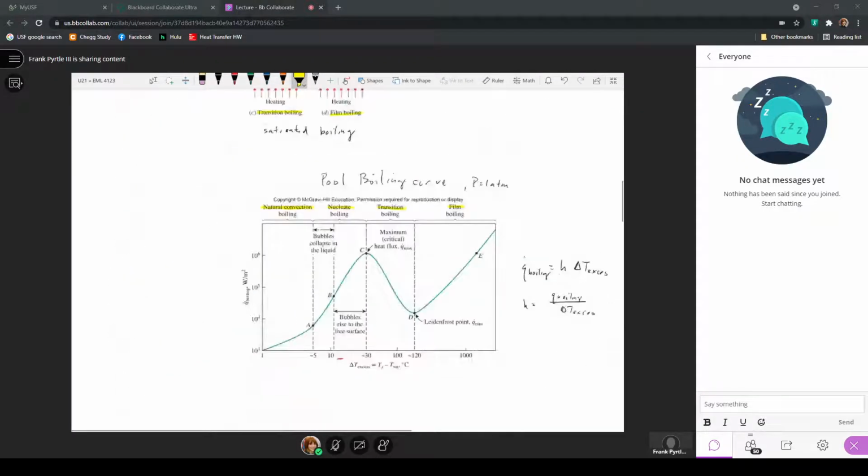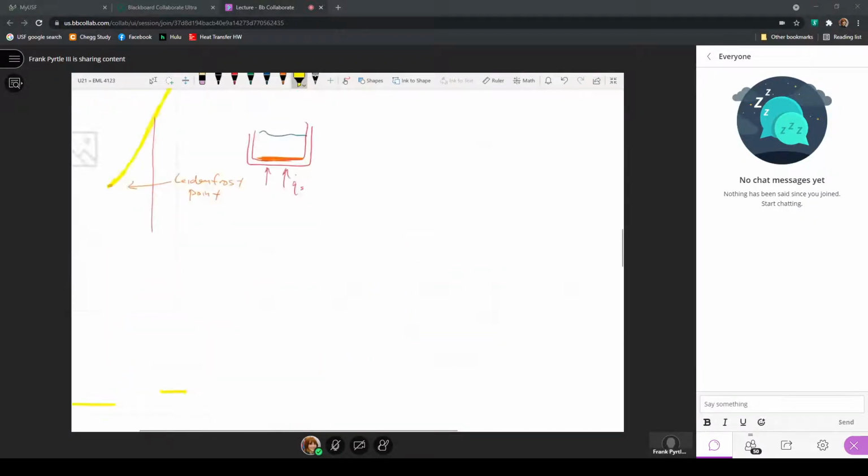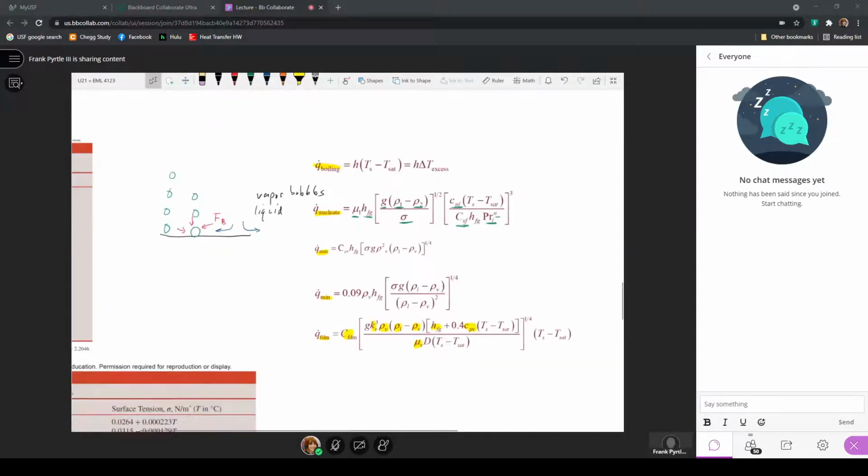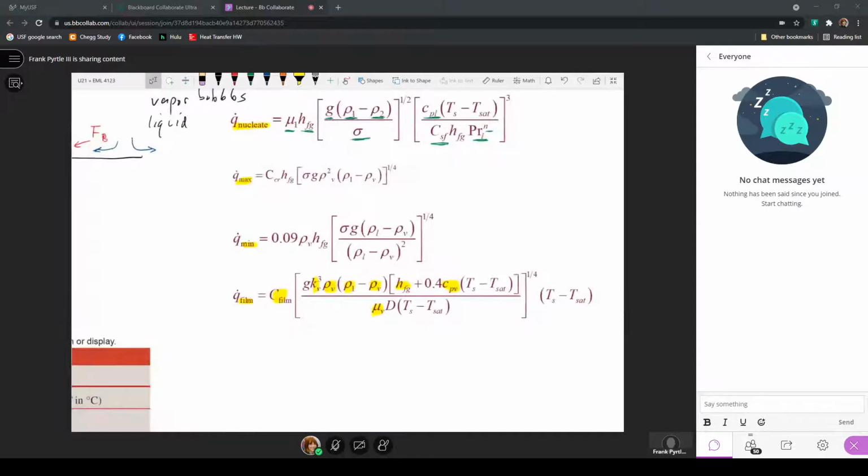So the correlation that is defined for the film boiling looks a lot different. And that's just because the mechanisms that are responsible for the heating are different.